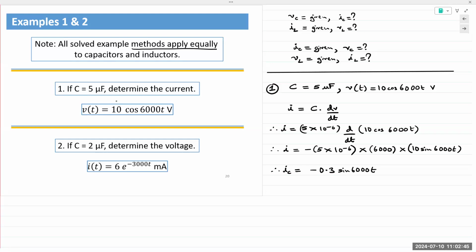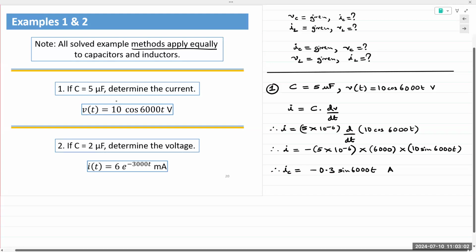It'd be 5 times 10 to the minus 6 times 6000 times 10: 5 times 6 is 30, so you get 0.3. And the units for the entire expression are amps, obviously, because it is current.